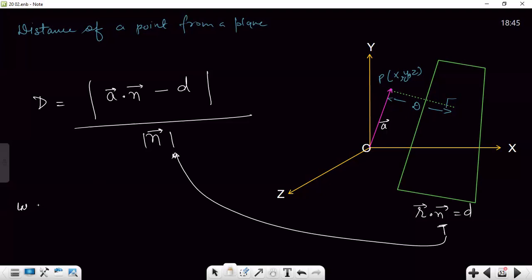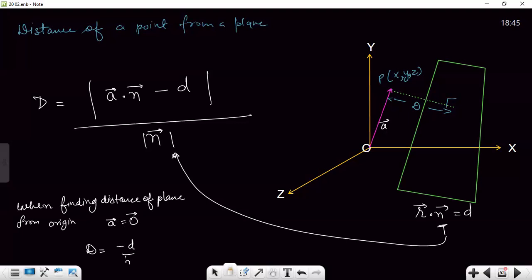So when finding the distance of the plane from the origin, the a vector of the point becomes the zero vector. So d becomes minus d divided by the n vector magnitude.